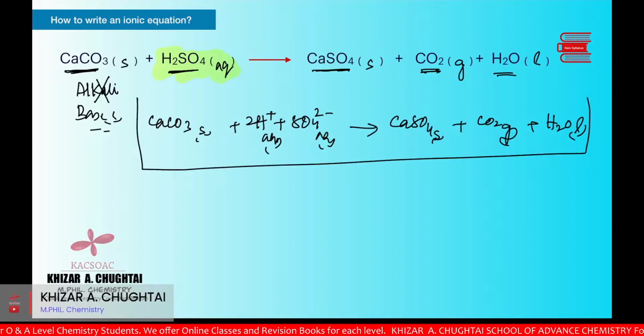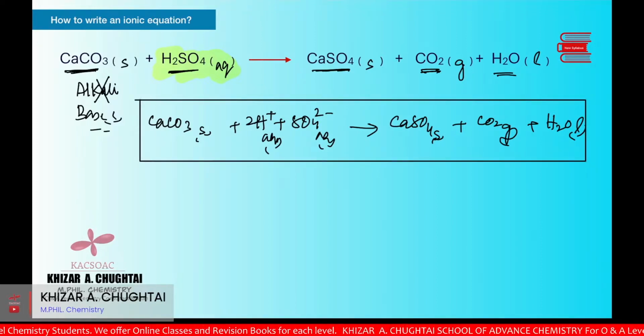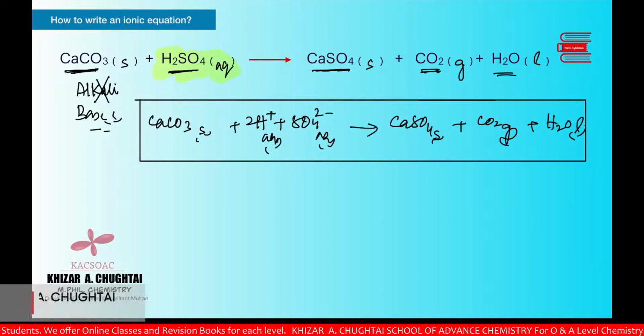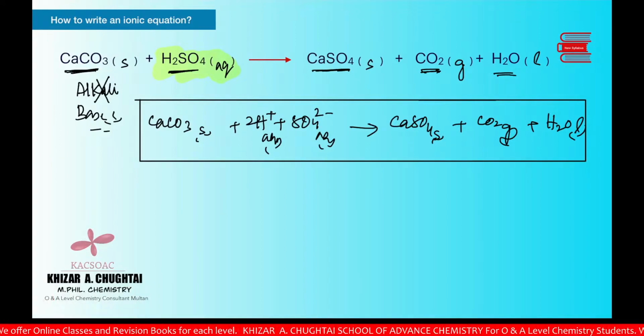So this is the maximum possible variant of the ionic equation for this reaction. I think there is no difference between these two equations, and this equation cannot be changed further into any other sort of precise ionic equation.